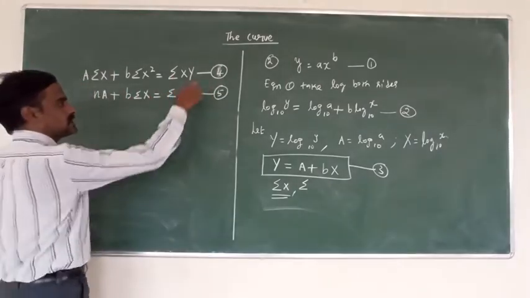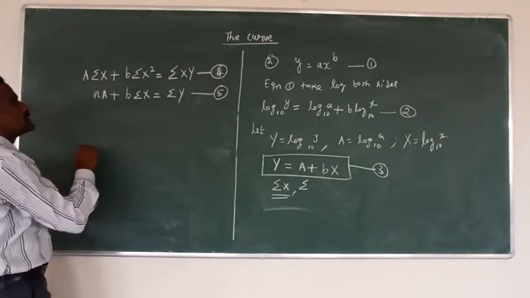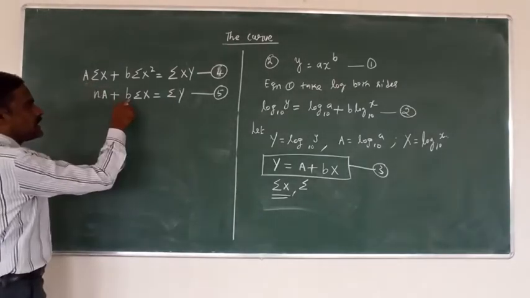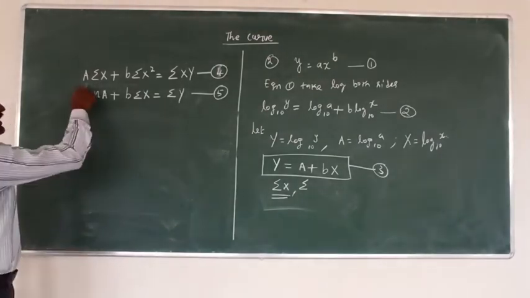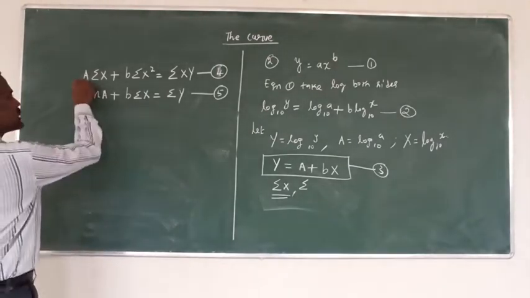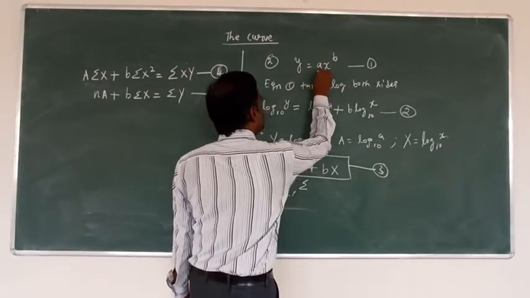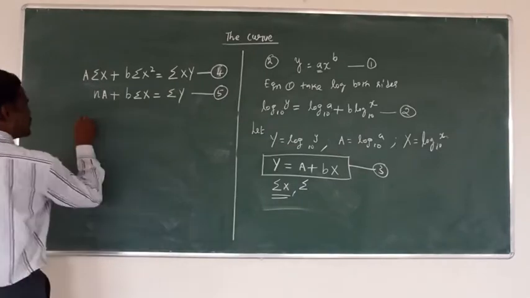Now to solve these two equations 4 and 5, to find out what is the value of A and b. This value, here the capital A, but in the formula required small a. For that we have to change into capital A.